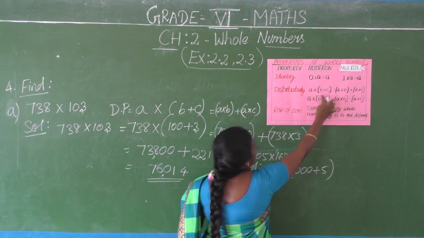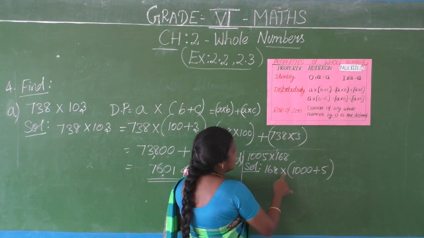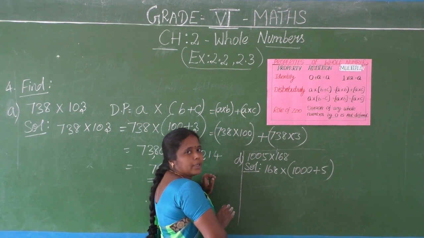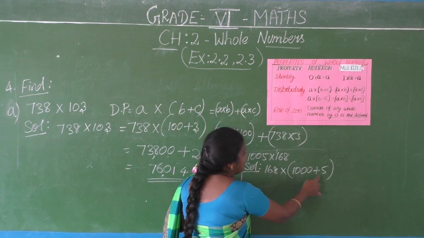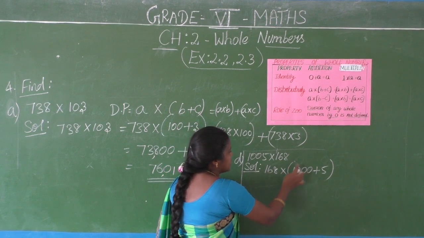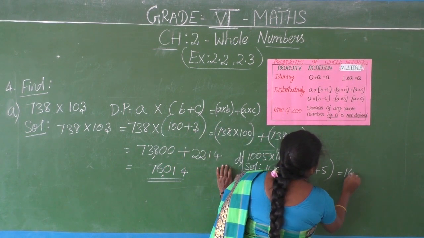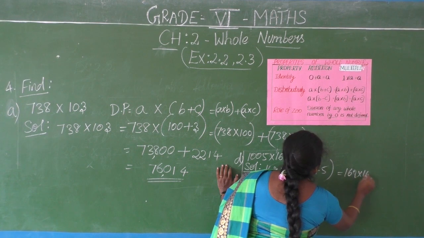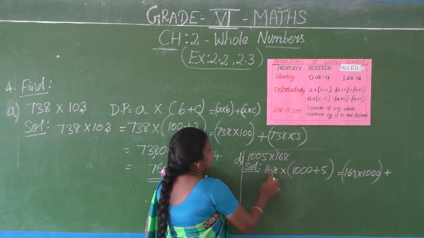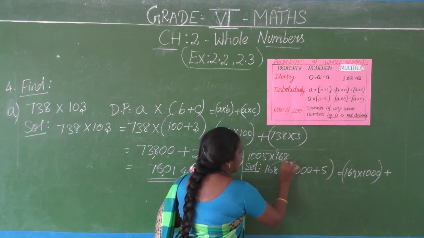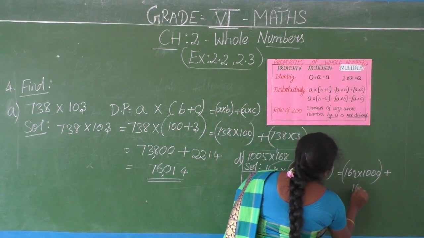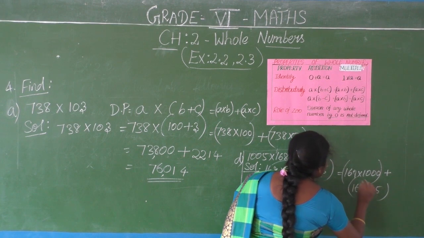Now this part wise our question is matching. A into B plus C, distributive property only, the suitable property here. A into B plus C is equal to A into B plus A into C. So this into this first: 168 into 1000, plus 168 into 5, that is the second step.